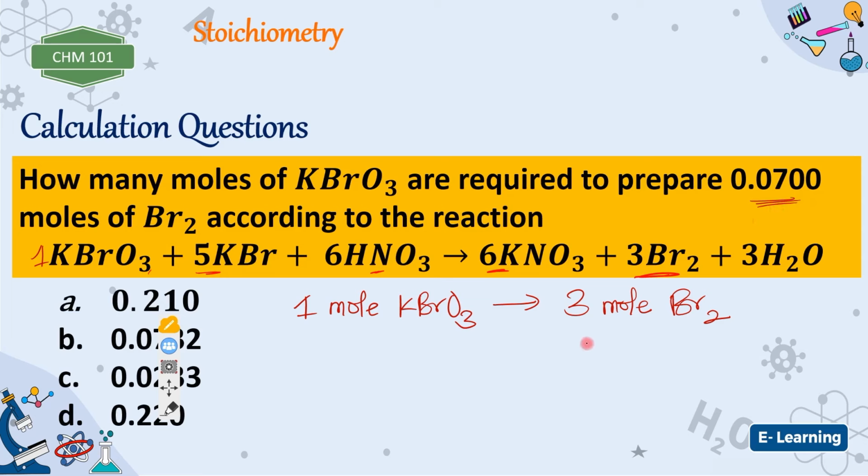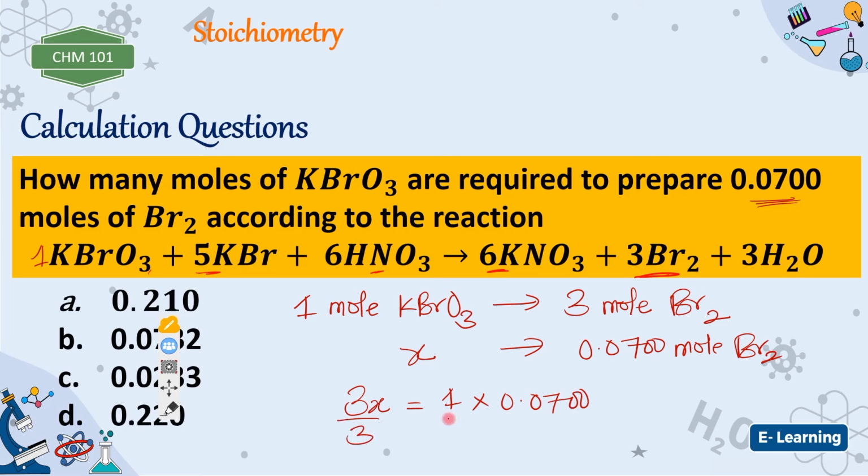Therefore, 0.0700 mole of Br2 will be equal to X. This is a very simple question. X multiplied by 3, 3X, is 1 times 0.0700. So divide both sides by 3. This cancels this.